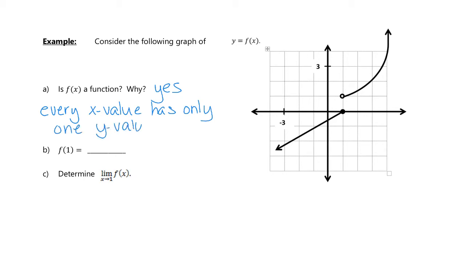Again, you can use your vertical line test to test that. When I look at evaluating my function at 1, I can see this is where my function exists at 1, so the y value there is 0. Now we're going to go ahead and find the limit as x approaches 1.